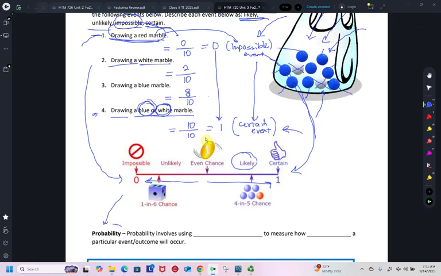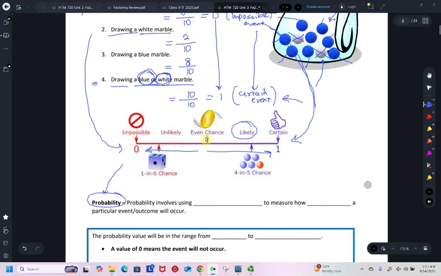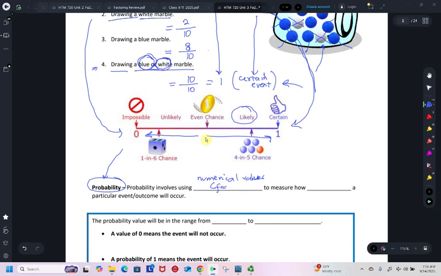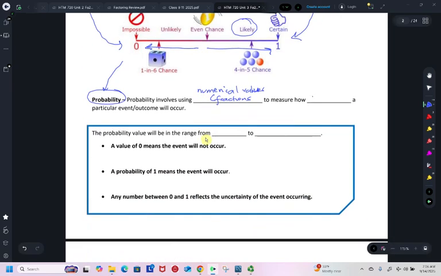So as far as probability is concerned, informally speaking, it involves using numerical values, and most times we use fractions to measure how likely a particular event or outcome will occur.